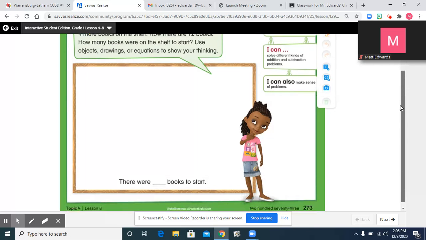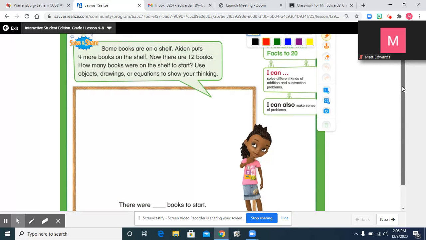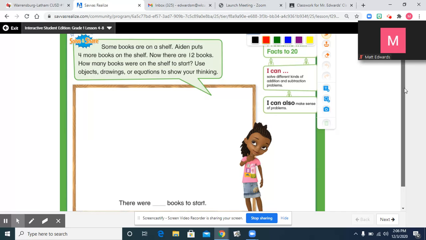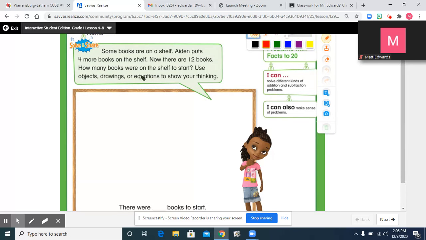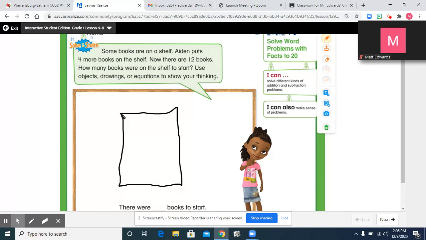Okay, so in a story problem, one thing that really helps you solve the problem is to draw a picture. So it says to begin with, some books are on a shelf. So let's draw a bookshelf. Okay, there's the frame of it, and then just put a couple shelves on it.